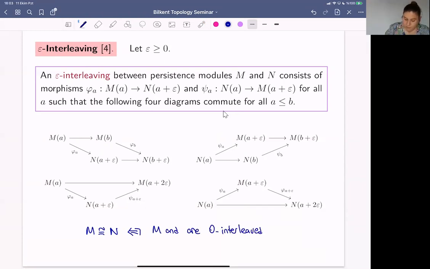Because if they are isomorphic, there is a vertical map, and this map has an inverse, so you can also talk about the maps to go up and the maps to go down. So if two persistence modules are isomorphic, we can say that they are zero interleaved.